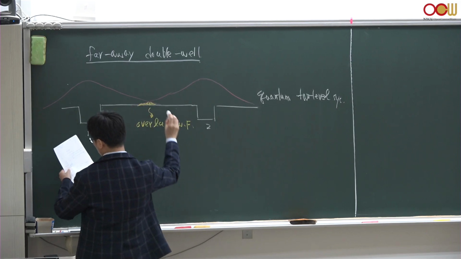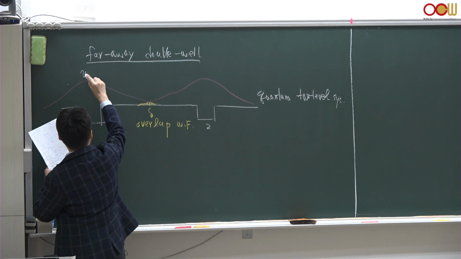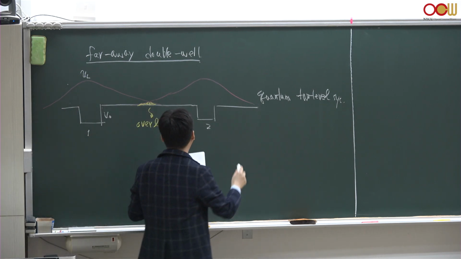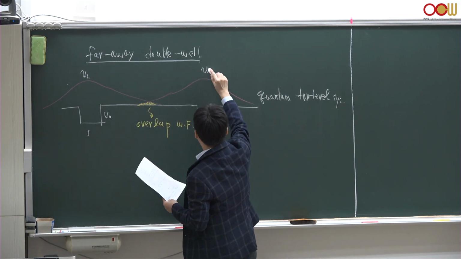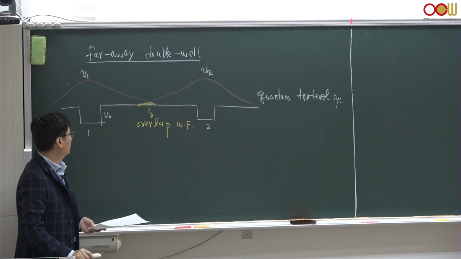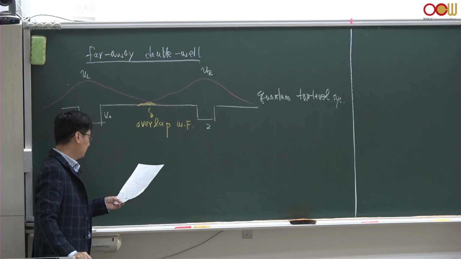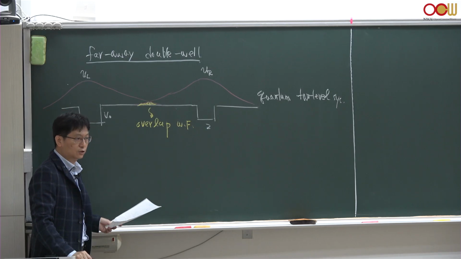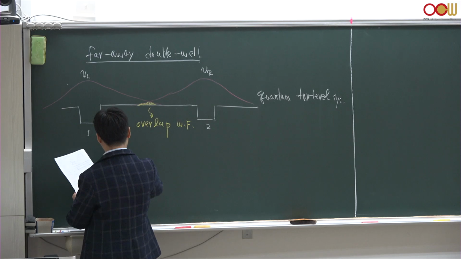So if I label the ground state wave function of the left well u_L, and write u_R as the ground state wave function of the right single well potential, then I can construct even and odd combinations of these two states, right?